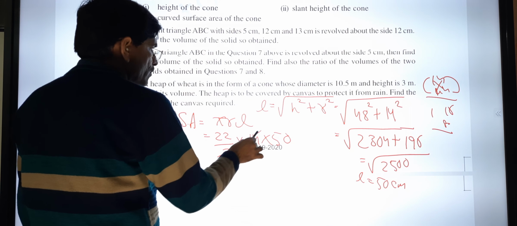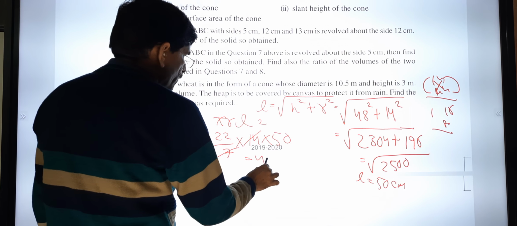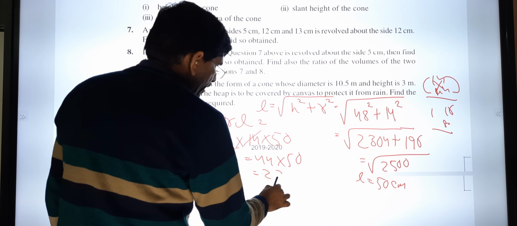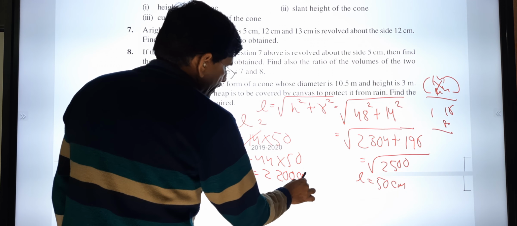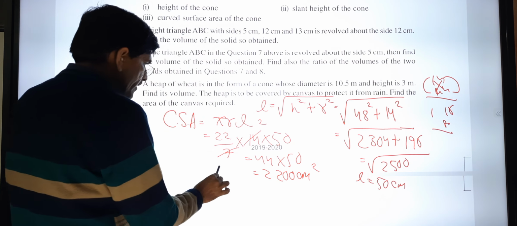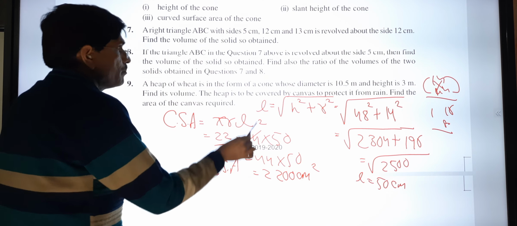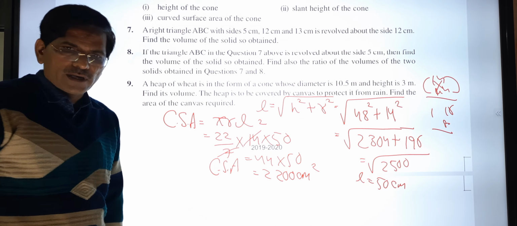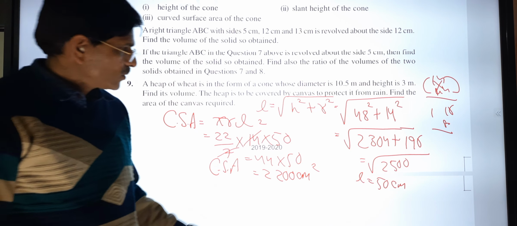So 7 into 2, so 44 into 50, so 2200 centimeter square. That is the CSA. So compulsorily you have to write whatever I write on the board, or whatever you write in a smart board, that you have to write.